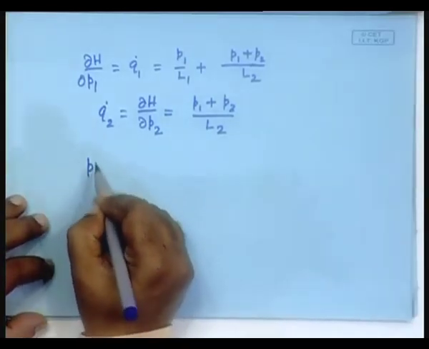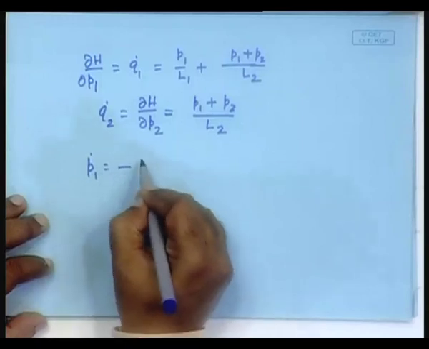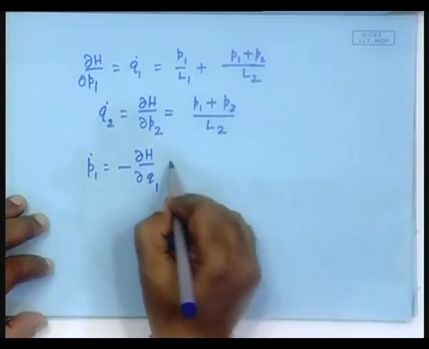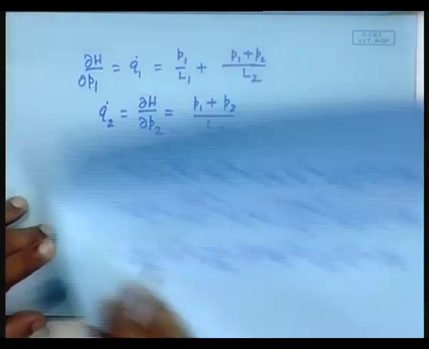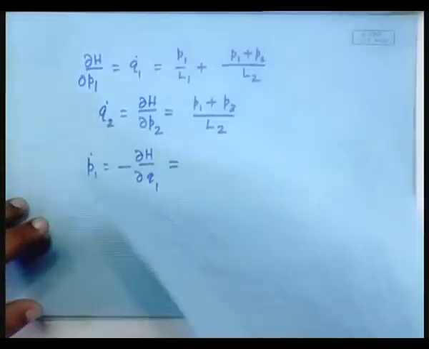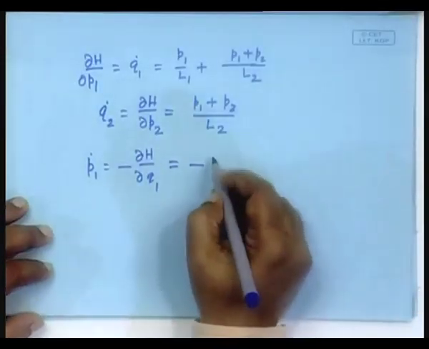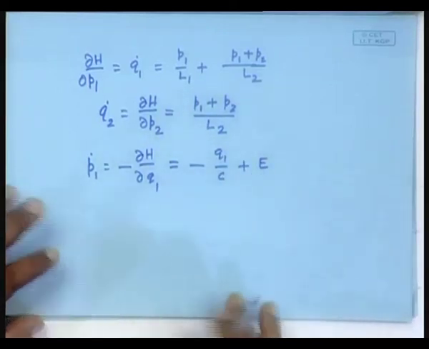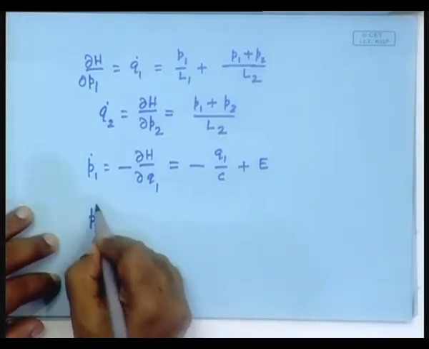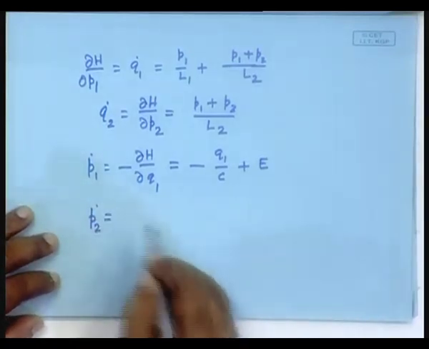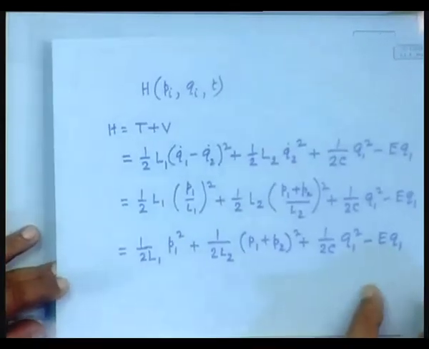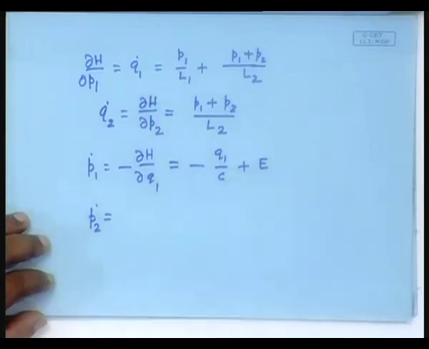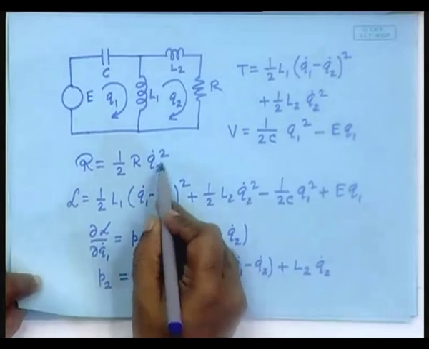Now, P1 dot is minus the derivative of the Hamiltonian with respect to Q1, which is, these two terms appear, minus Q1 by C plus E, done. P2 dot is, sorry, I did not include the Rayleigh term, but in any case the Rayleigh term does not depend on Q1 dot.